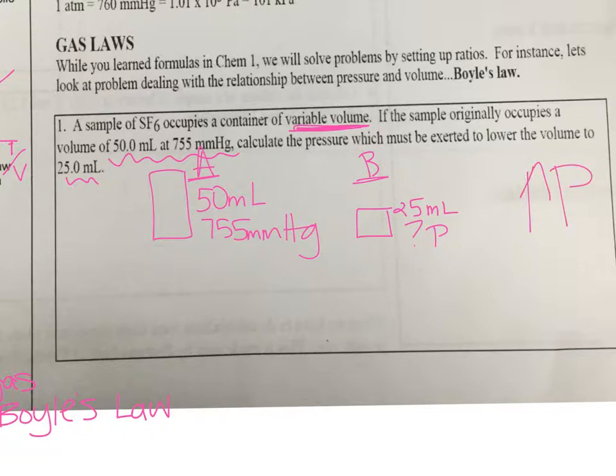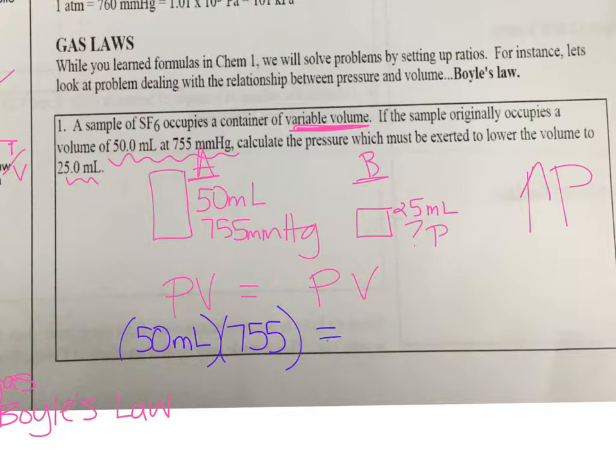We're going to fill in our equation, which is PV equals PV. You can leave it in milliliters, by the way, as long as it's consistent, until you get to the ideal gas law. Then you have to make sure it's in liters. So 50 milliliters times that 755 millimeters of mercury equals, I'm putting the V first, sorry, 25 times the mystery pressure.